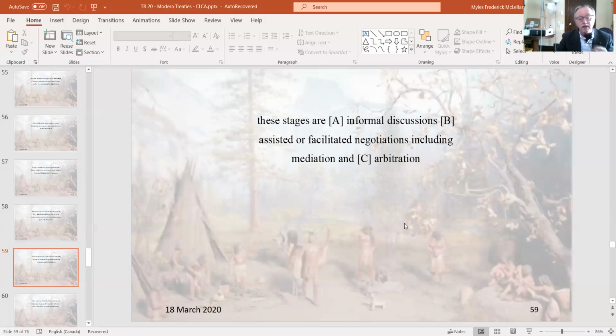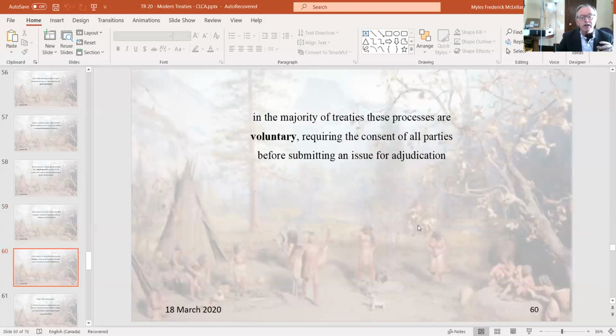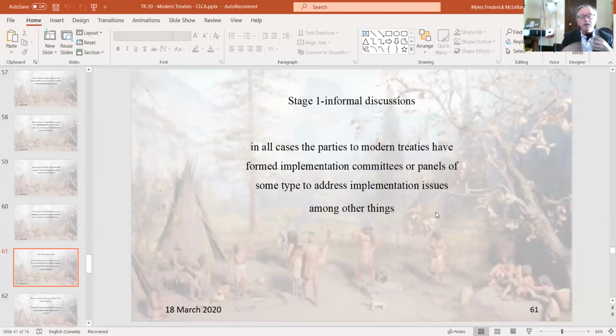We'll discuss that. The majority of treaties with these processes certainly require them to be voluntary, so the parties have to consent to whatever process is going to be used, from the informal process to whatever more formal adjudication is used.